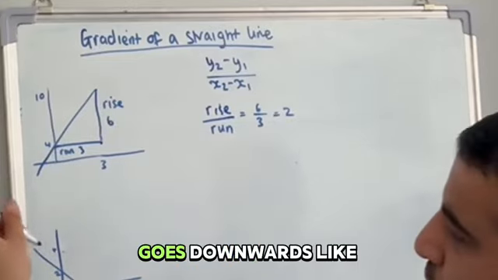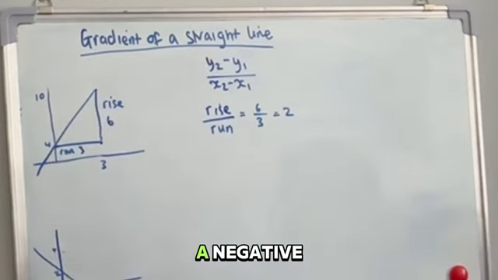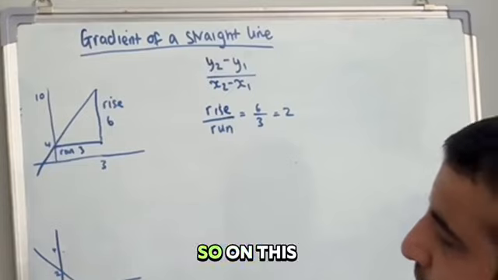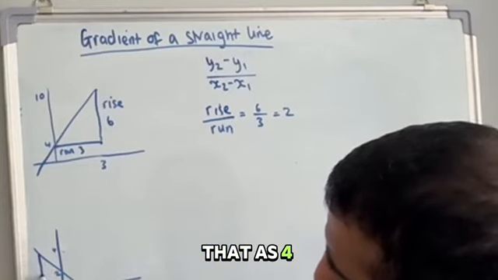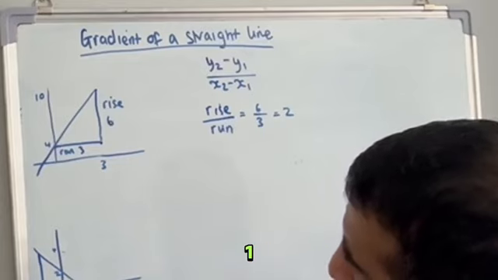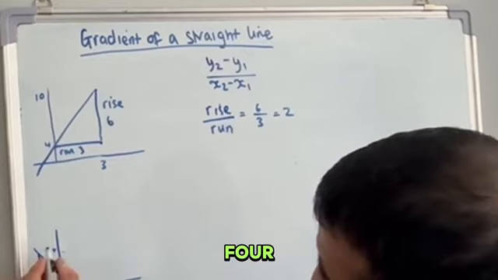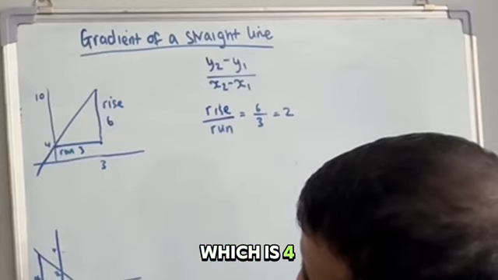When your line goes downwards like this, that means that your gradient is going to be negative. So in this circumstance, if you choose that as 4 and minus 1 and across to 1, we know we're coming down from 4 to 0, which is 4.